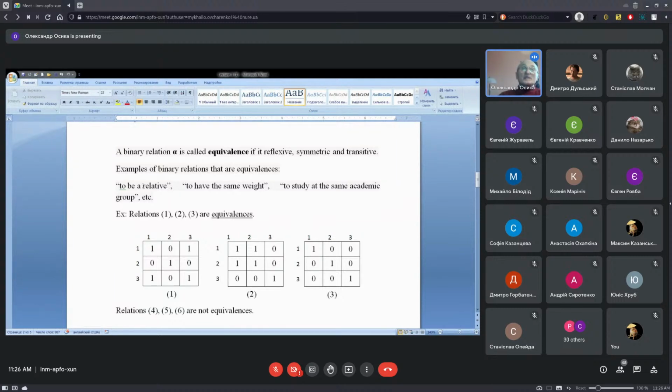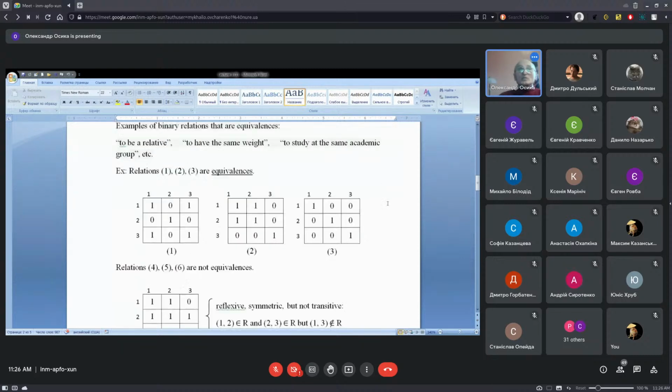And if X is a relative to Y and Y is a relative to Z, then X is a relative to Z also. But we don't say son or mother, father, son. Just relative. To have the same weight, to study the same academic group.